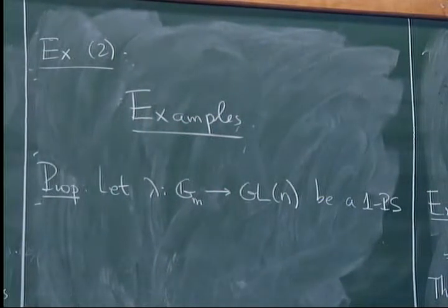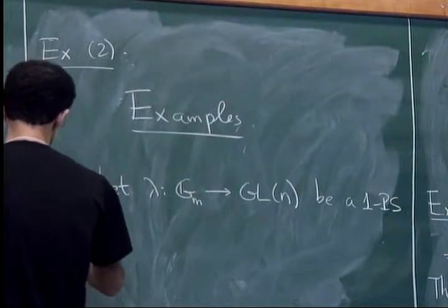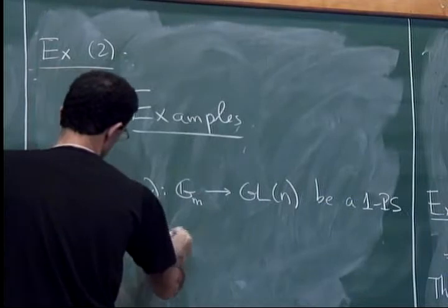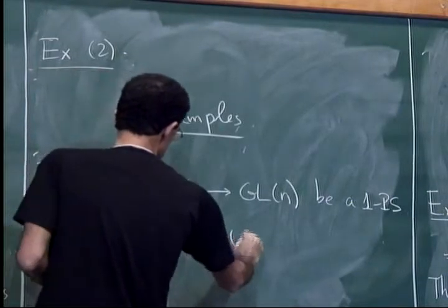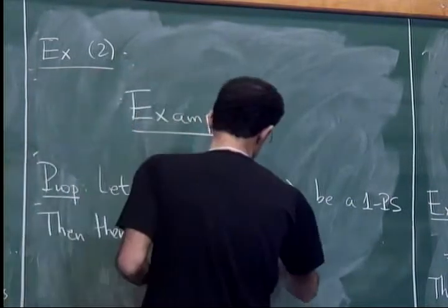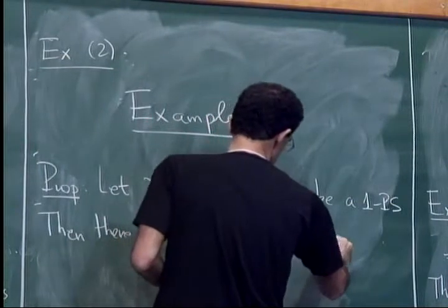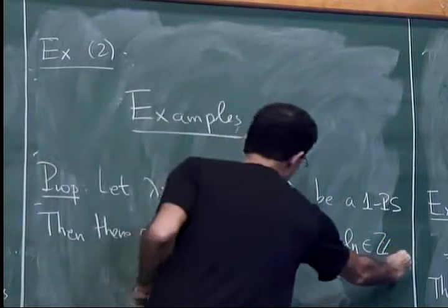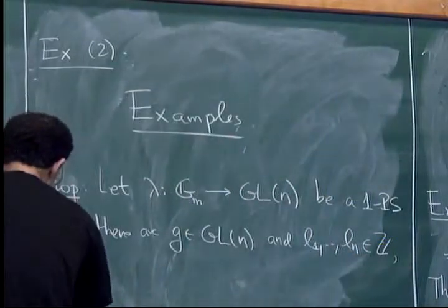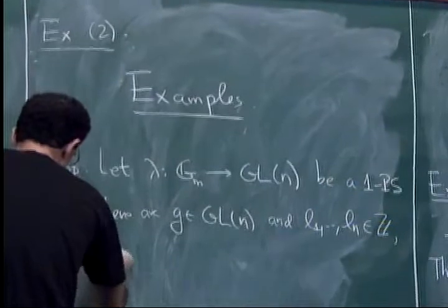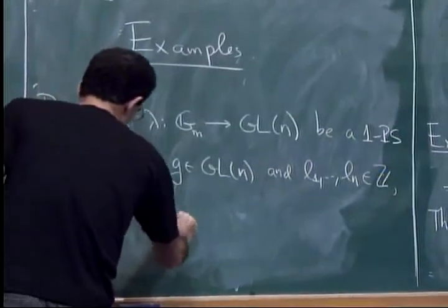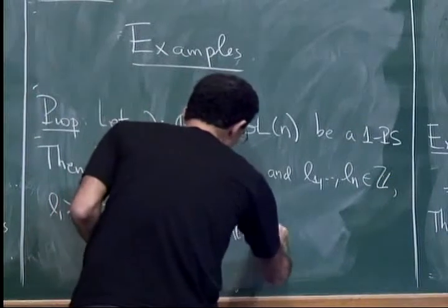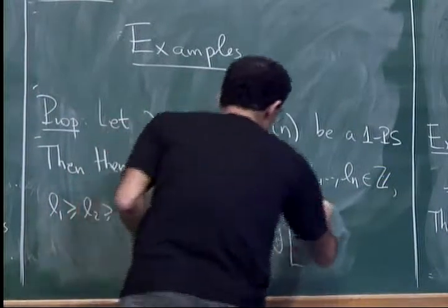Okay. Then the statement is that there are g in GLn and integers l1, ..., ln that I can organize as I please, and I will do it that way, such that lambda of t is the conjugate of a diagonal action.